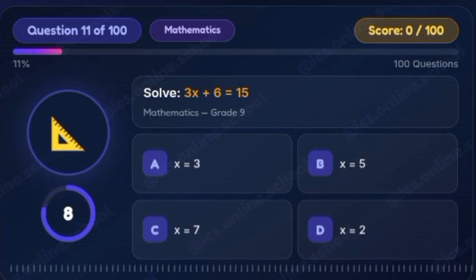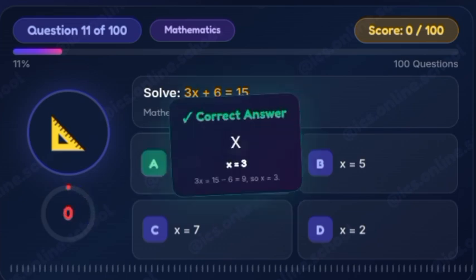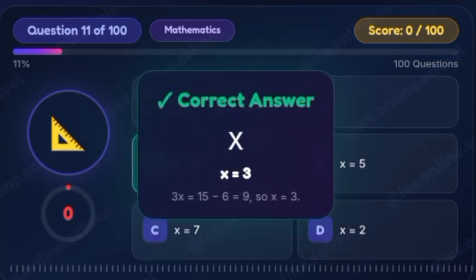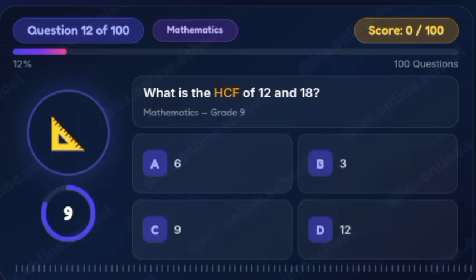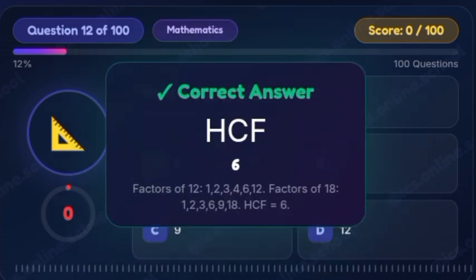Solve this equation: 3x plus 6 is equal to 15. What will be the value of x? X is equal to 3. What is the HCF of 12 and 18? Highest common factor of 12 and 18 is 6.